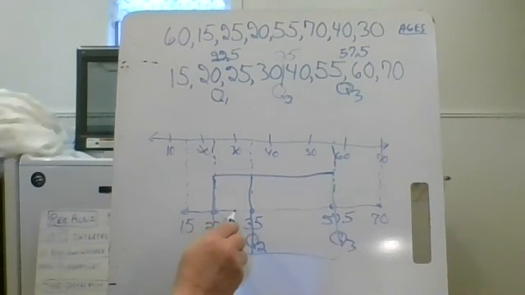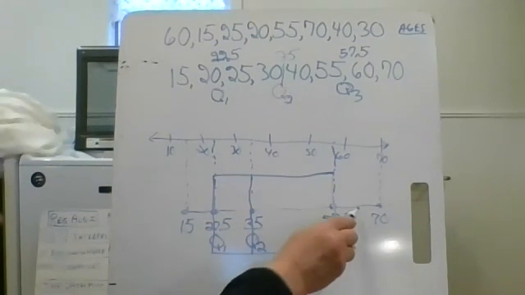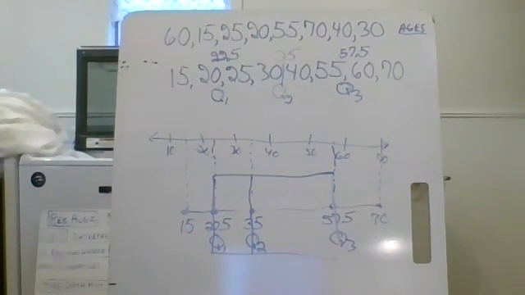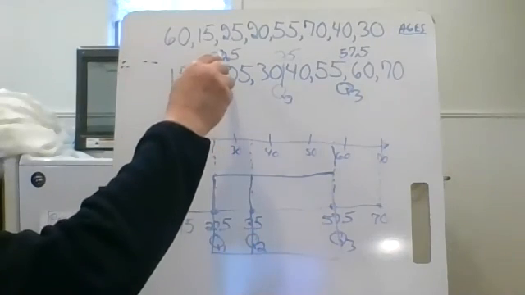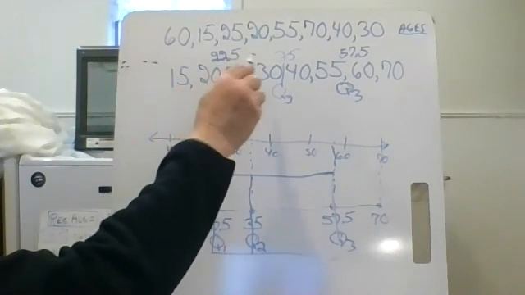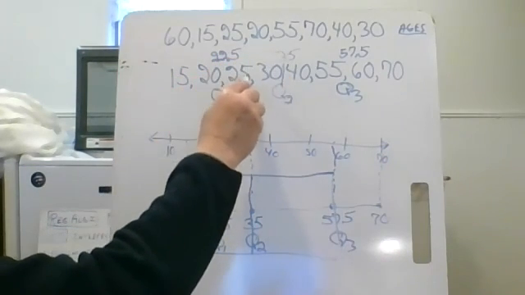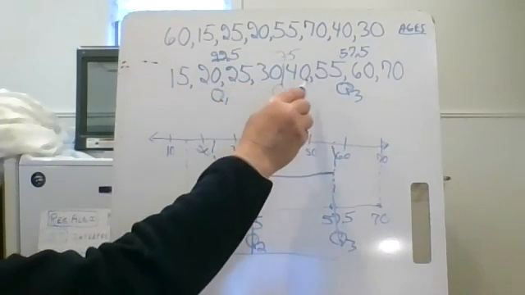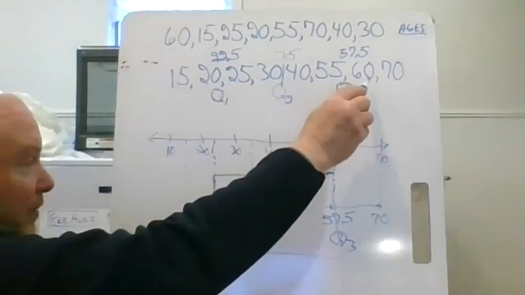Each of these quartiles contain 25% of your data. That's what we know. To the left of this quartile would be these 2 values. Between these 2 would be these 2. Then these 2, then those 2.